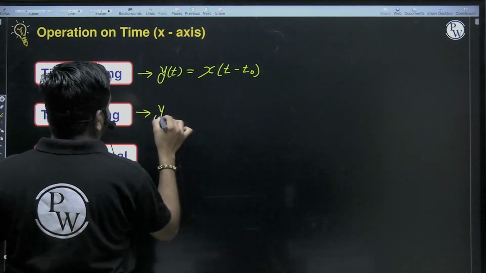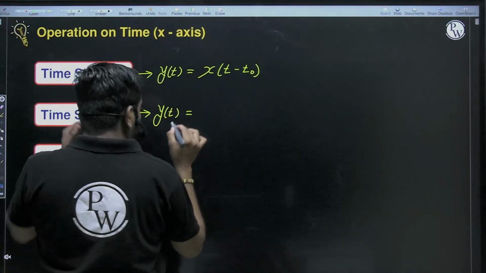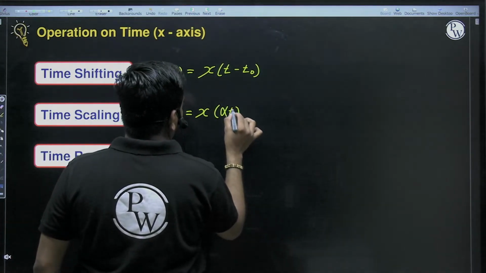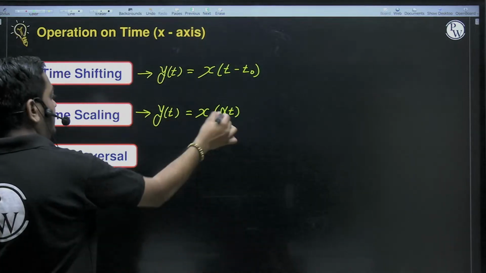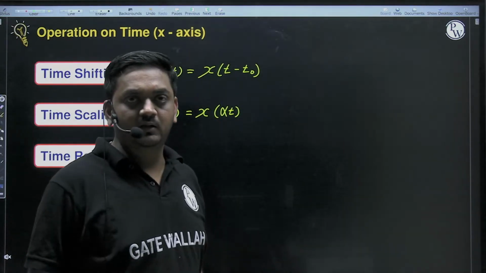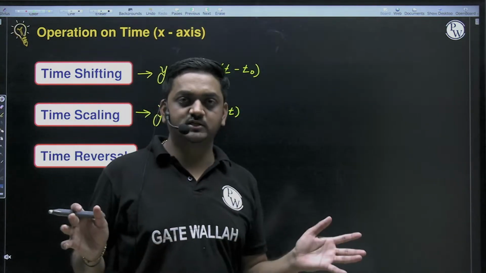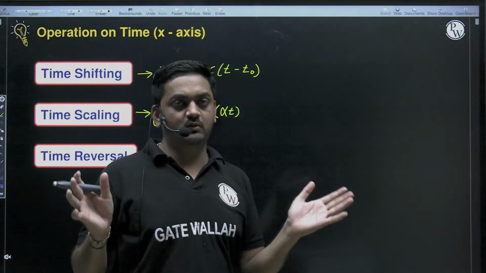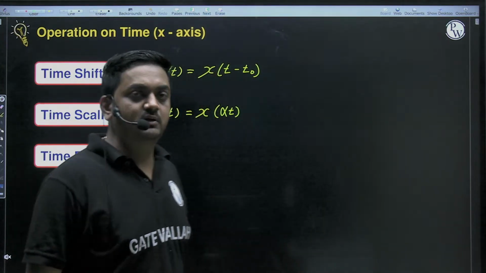Second is time scaling. Here time scaling means y of t is equal to x of alpha t. Here t becomes alpha t; in time shifting, t became t minus t naught. So again, depending on the value of alpha, we get time expansion or time compression, guys. Suppose alpha greater than 1, then time compression; alpha less than 1, then expansion.